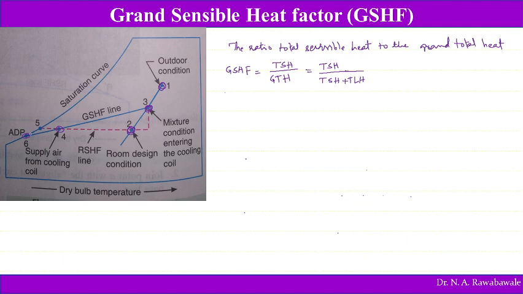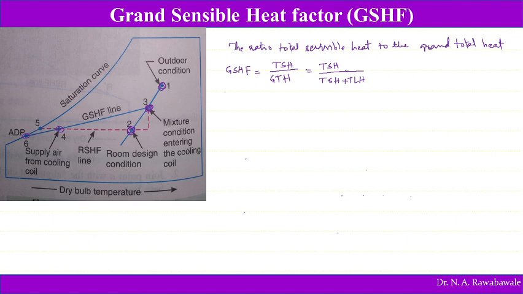If the mixture condition entering the coil or conditioning apparatus, that is the condition at point 3, as well as the grand sensible heat factor are known, then the grand sensible heat factor line may be drawn on the psychrometric chart.